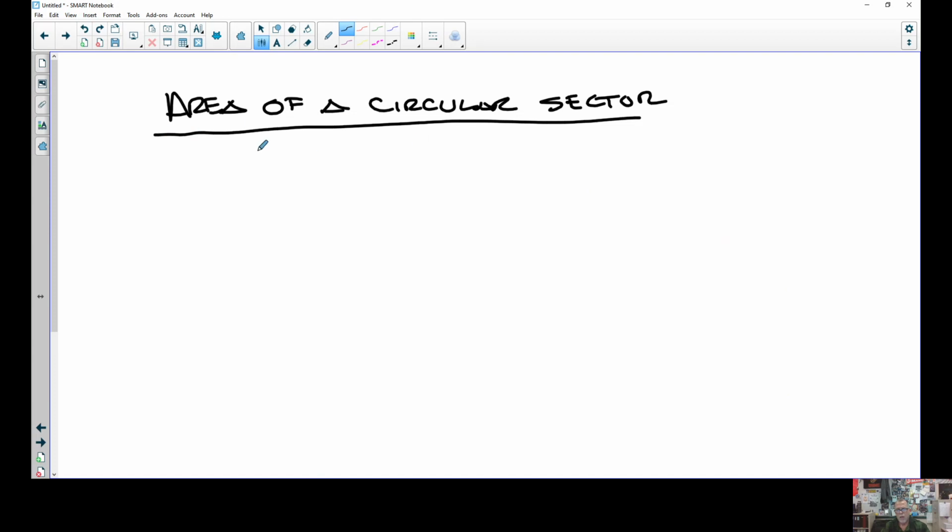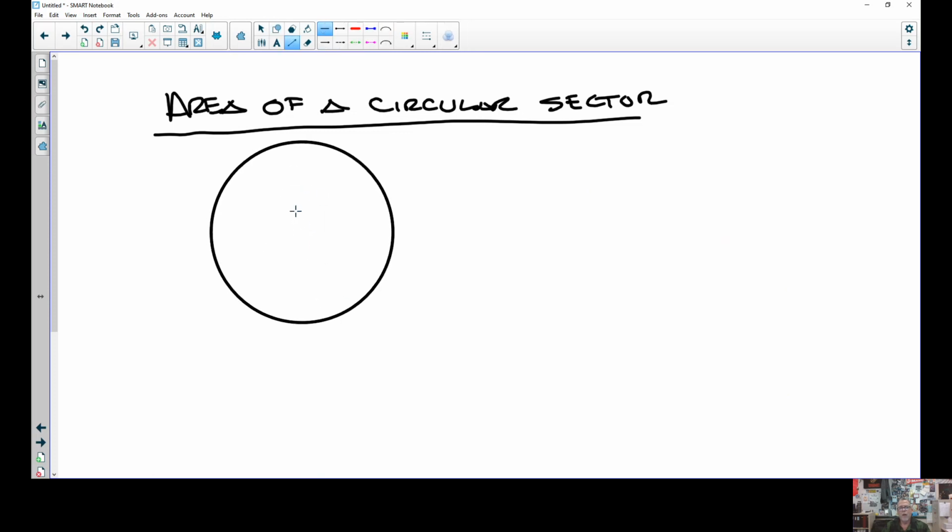Now, this one is, again, I'm going to give you a picture to give you an idea what it is. It's going to look similar to what we just did. We do this, and then from the center, I draw a central angle. Well, before we were looking at the length of this arc. Now what we're going to be looking at is instead the area of this cutout piece of pie. That's a circular sector. All right.